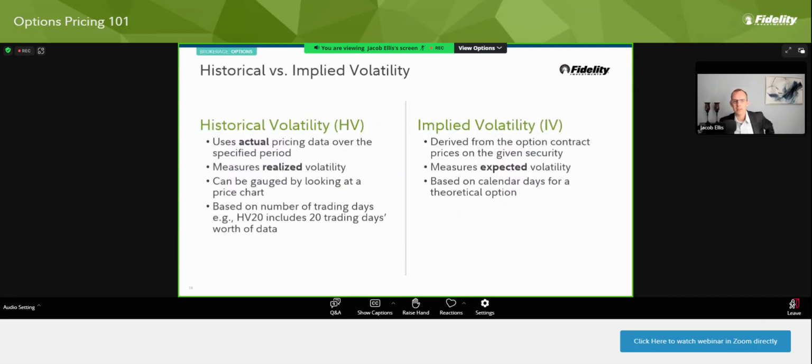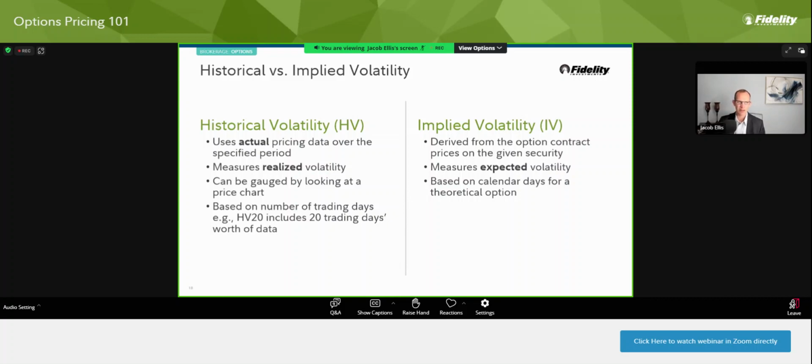But when we look at volatility, we actually need to clarify, because there are two main types of volatility that we talk about in the finance world, especially about options. There is historical volatility, whose name implies, yes, that we're talking about history, stuff that already happened, the past. This is what the stock did. It uses the actual historical price data over a specific time frame, and we can measure that.